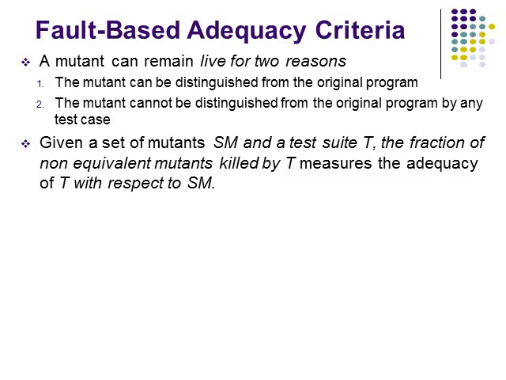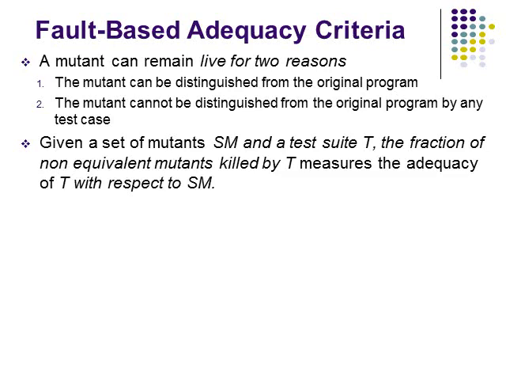The next concept, with respect to fault-based adequacy criteria, a mutant can remain live for two reasons. The first: the mutant can be distinguished from the original program, but the test suite T does not contain a test case that distinguishes them. The second: the mutant can't be distinguished from the original program by any test case.